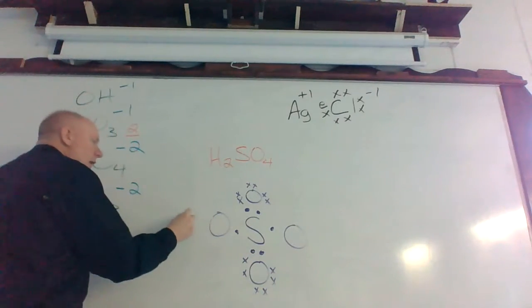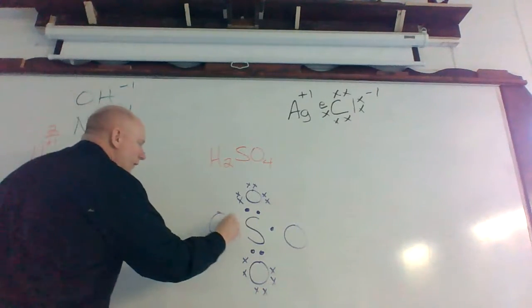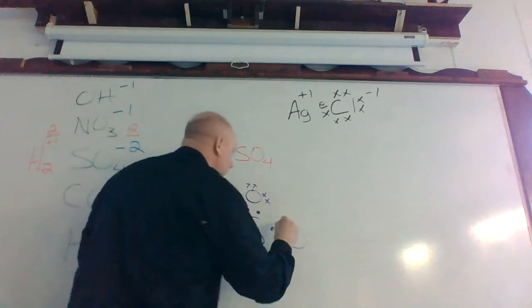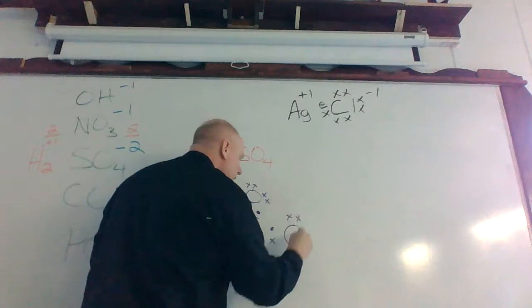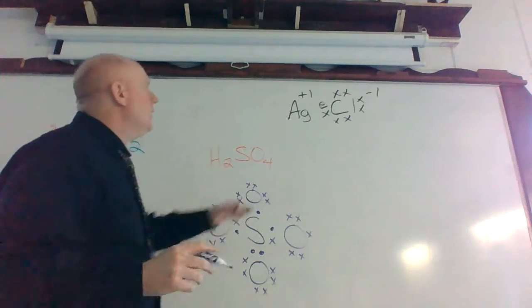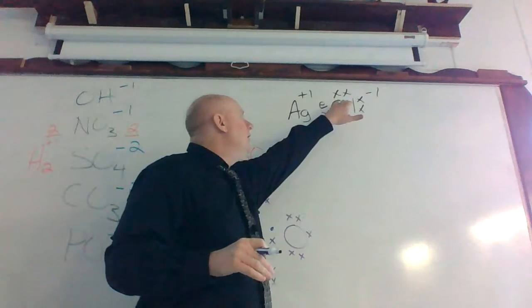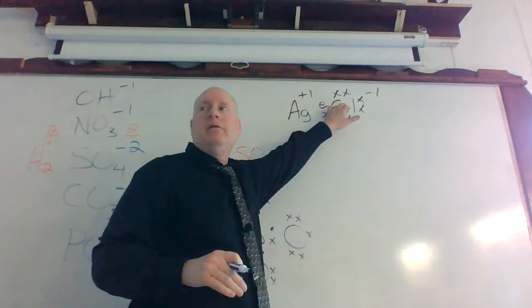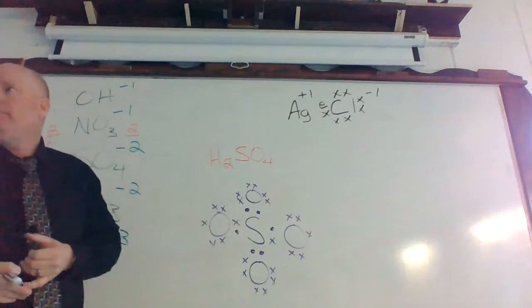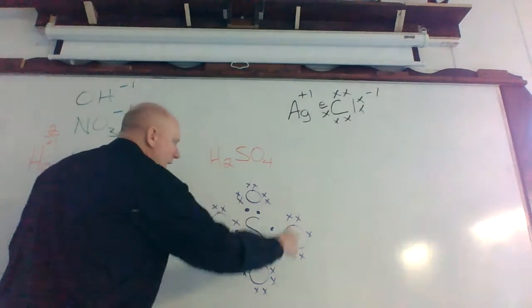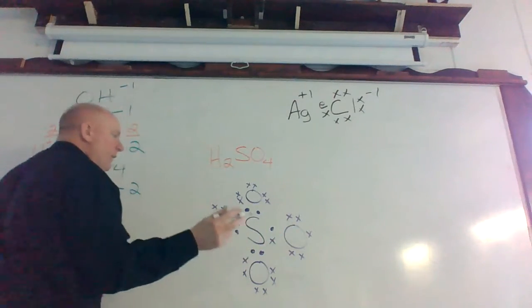And then we'll do it for this oxygen. Notice how many letters are around this chlorine? How many X's were there? 7. And 1 E makes 8. So all of these want to have 8 around them except for hydrogen.